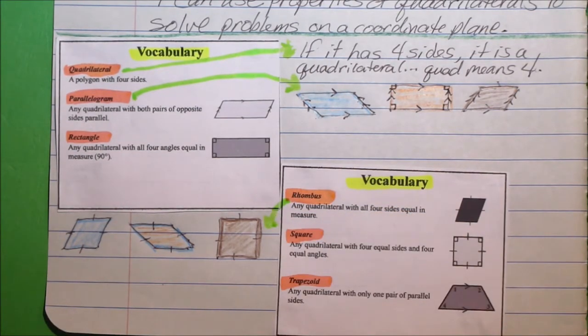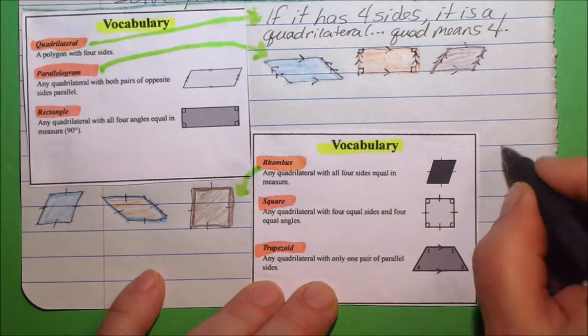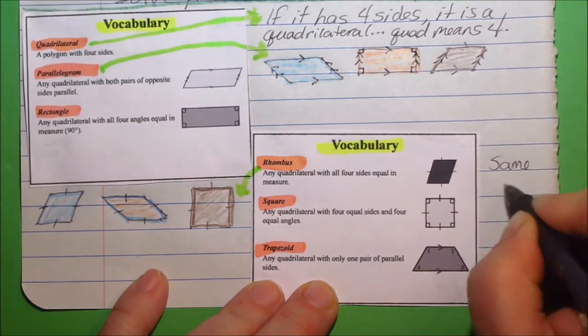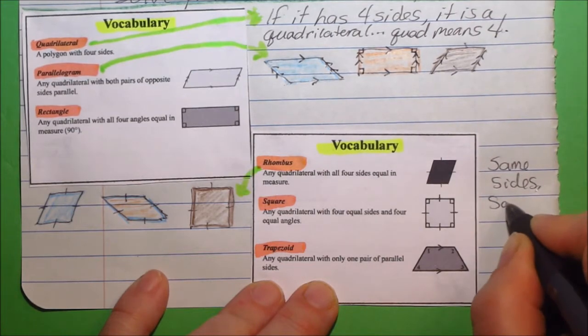Okay, and then a square, I just want to make a note out here. We've talked about a square. It has same sides, same angles.